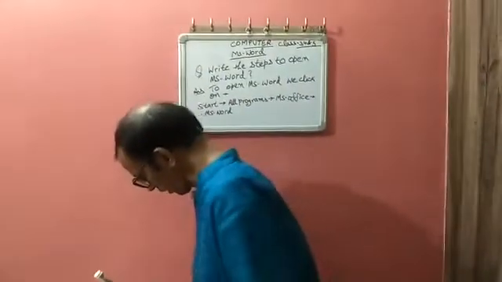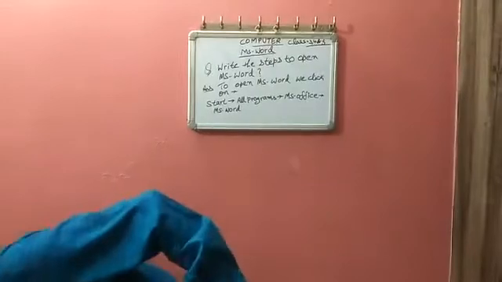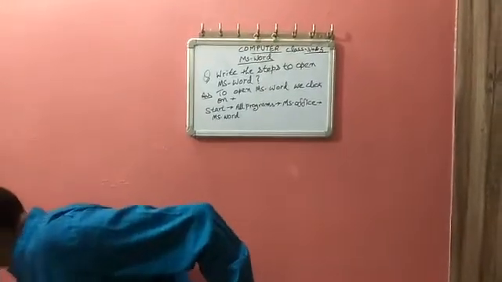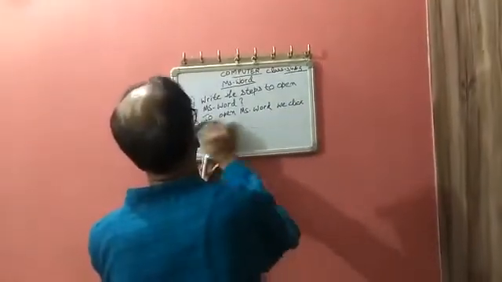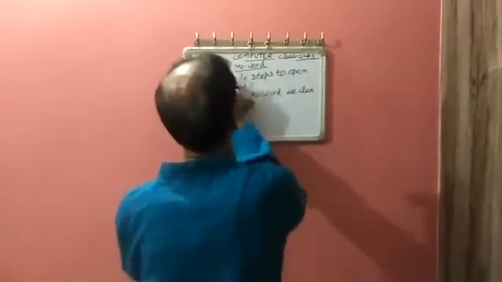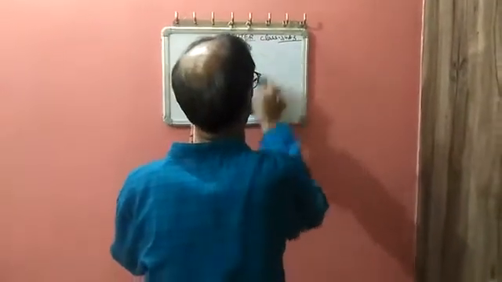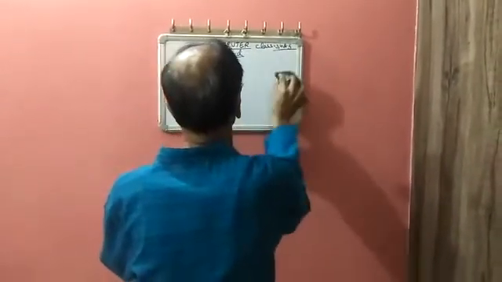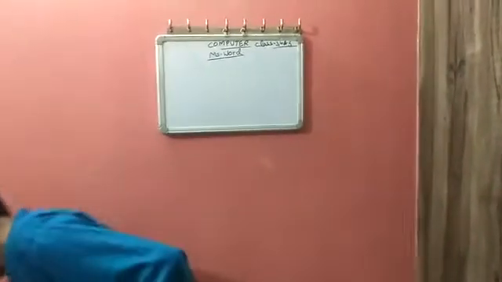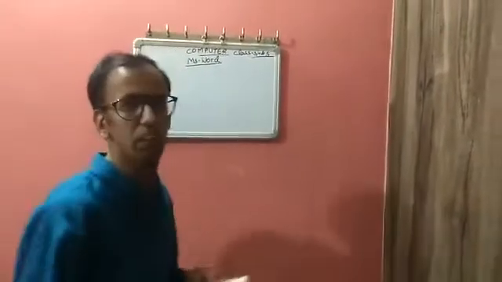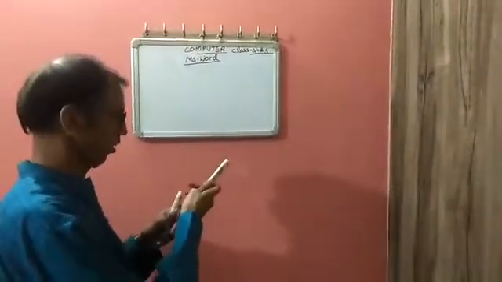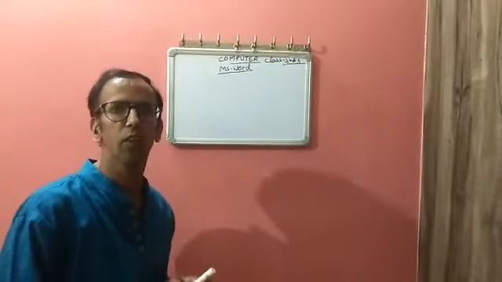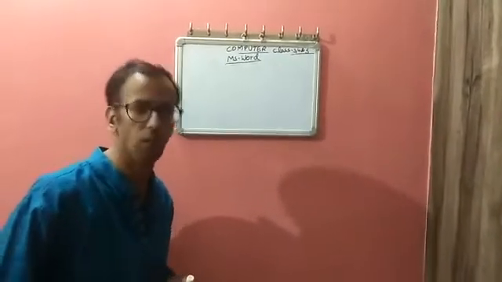So our next step is, wait, I need to rub the board. Now we will find a few shortcuts in MS Word.